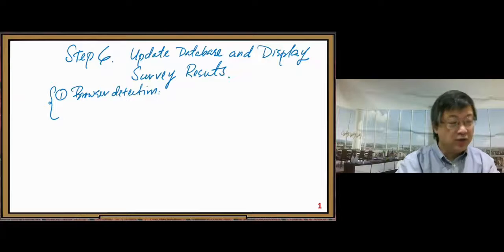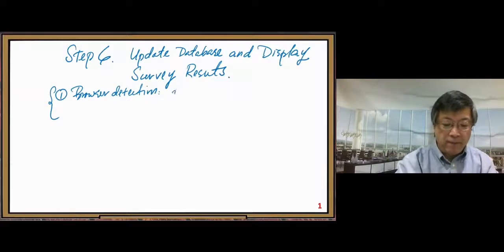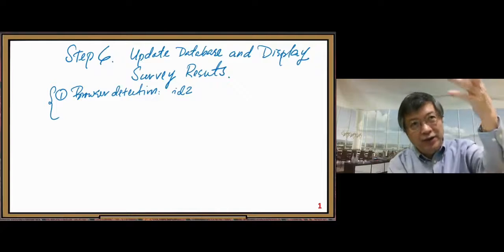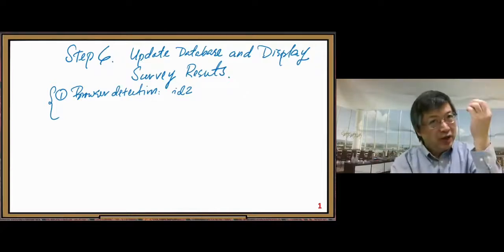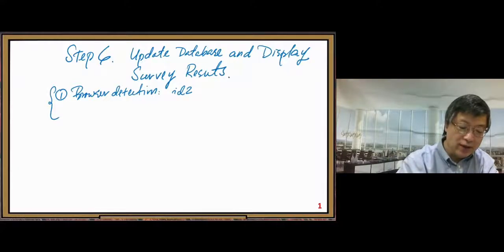From the browser detection, we get one type of ID, ID2. Why do I use 2? Because each visit we count 2. So that's why I put 2.